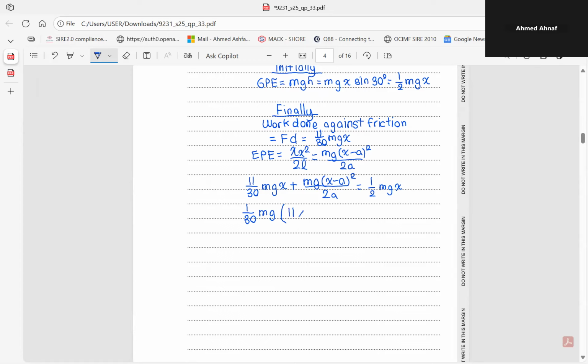So you'll get 11x plus 15(x minus a) squared over a, and this is equal to 11 over 30 mg times 15x.